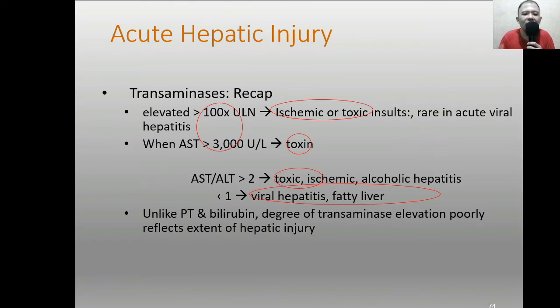Unlike the prothrombin time and bilirubin, the degree of transaminase elevation poorly reflects the hepatic injury. Of course, because transaminase elevation only reflects hepatocyte integrity. The prothrombin time and bilirubin reflect hepatocyte function.